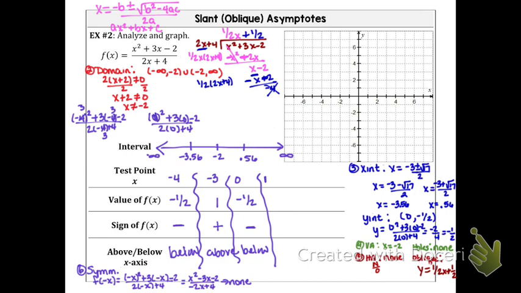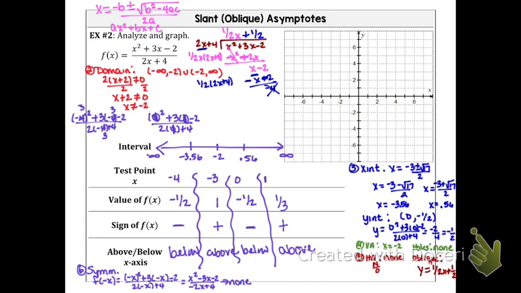I just changed them all to a 1. And when I simplify that, I got 1/3, which is positive, which means it's going to be above. Now remember, we said they're going to alternate unless we have some even multiplicity going on, right? So make sure they alternate. If they don't alternate, you need to inspect to see why.